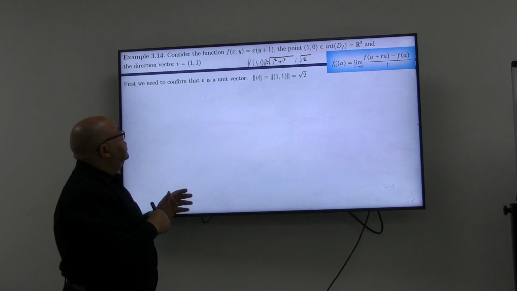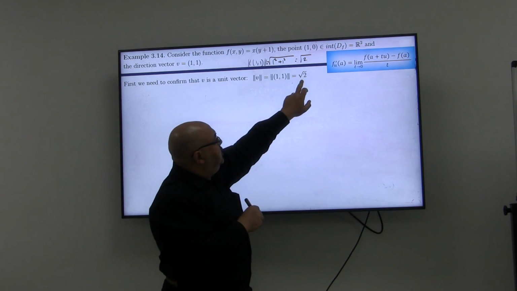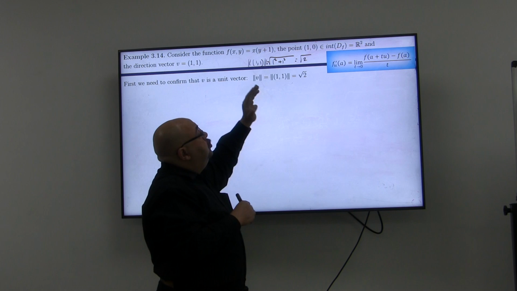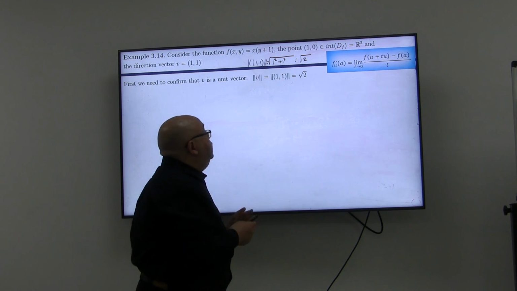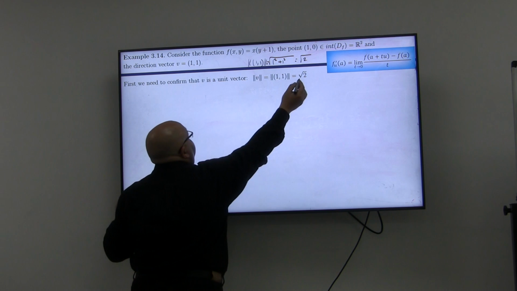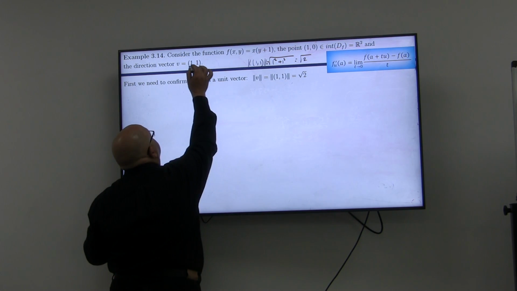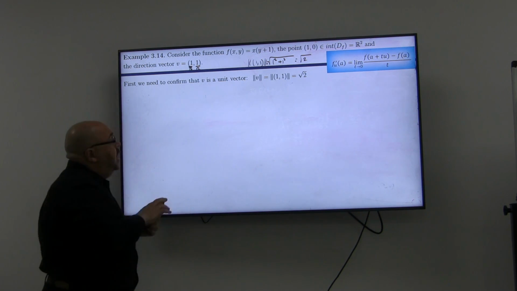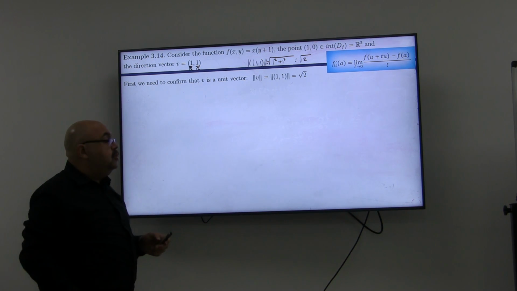So since this is not equal to 1, the vector is not a unit vector. In order to normalize it, all I have to do is to divide the components of this vector by the magnitude. So it's going to be 1 over root 2 and 1 over root 2. This is how to normalize your unit vector.